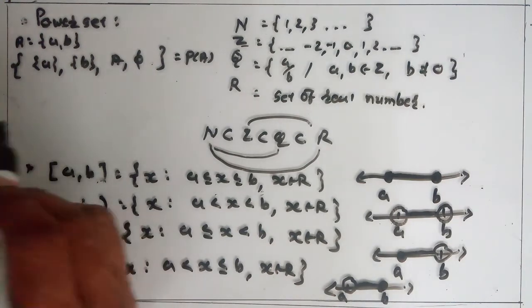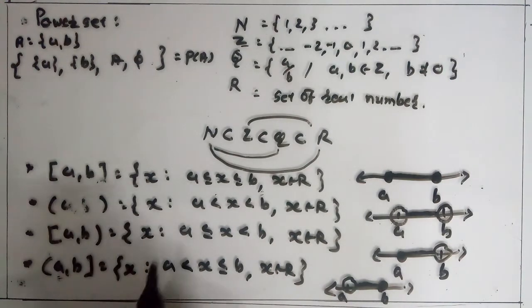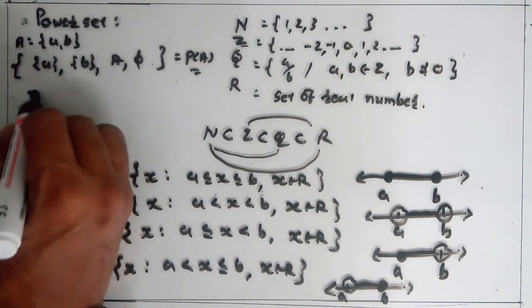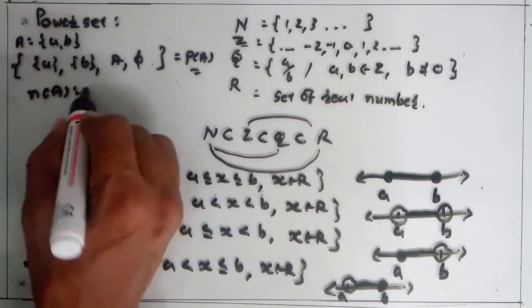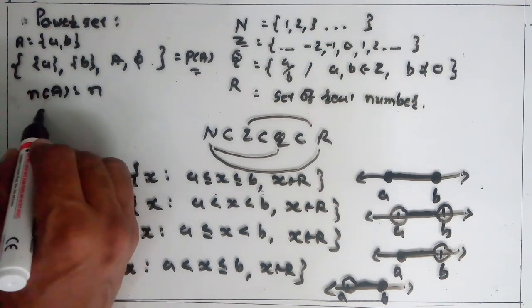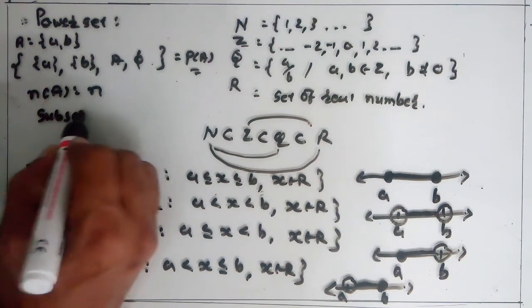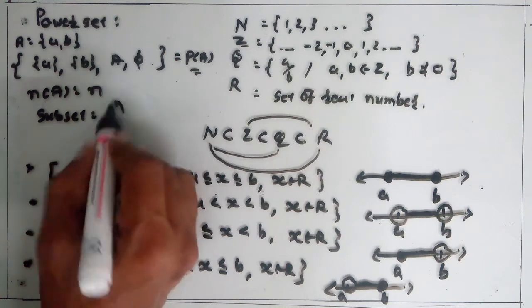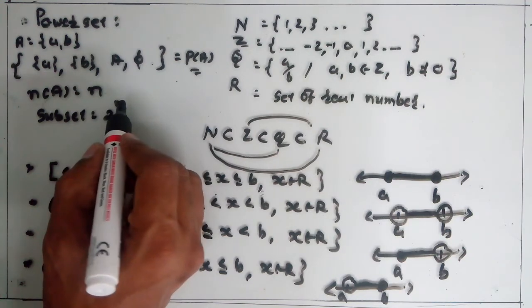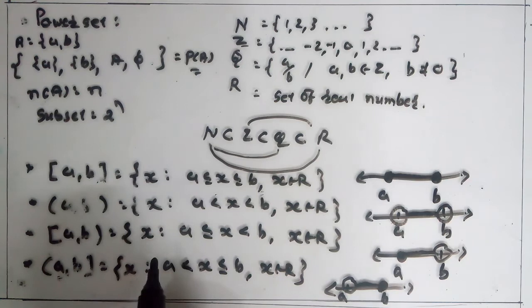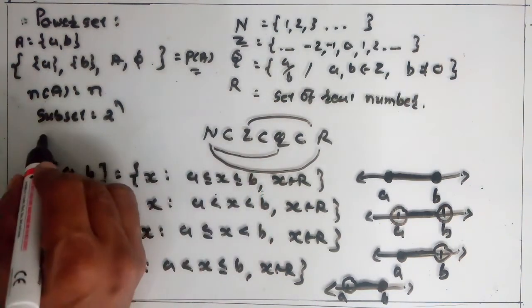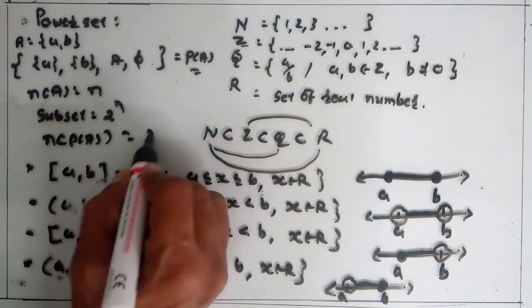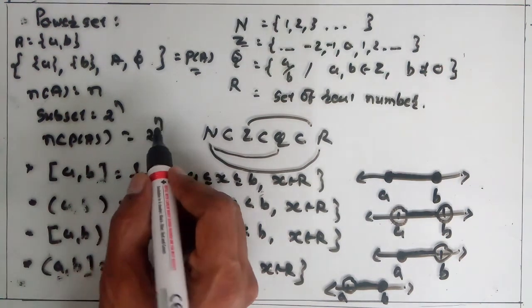Now, about the number of elements of the power set of A. If A contains n elements, then the number of subsets is equal to 2 raised to n, and all 2^n subsets become members of the power set of A. So the number of elements of the power set of A is 2^n. Clear?